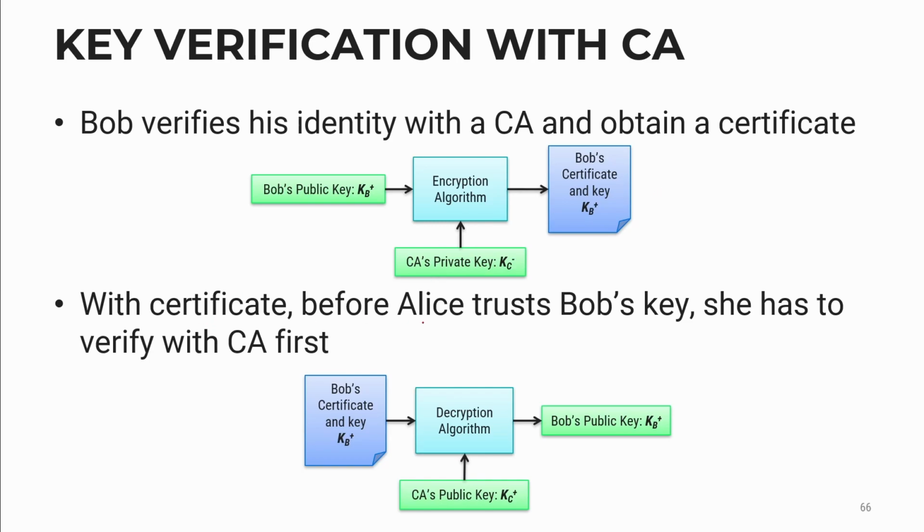With such a certificate, Alice can trust Bob's public key by verifying with the CA first. For example, Alice has Bob's certificate. She is going to decrypt this certificate using the CA's public key, KC+, and she is going to receive Bob's public key along with his identity, all right?